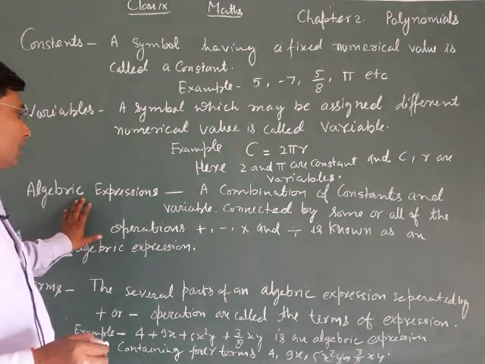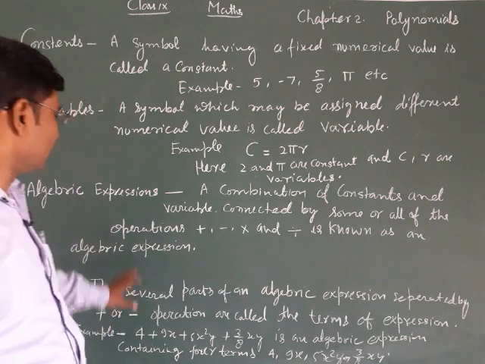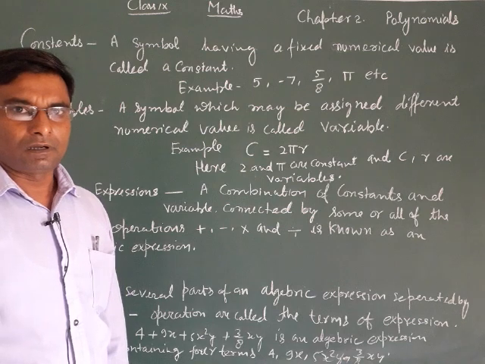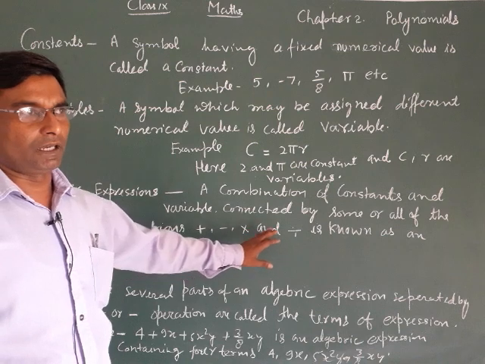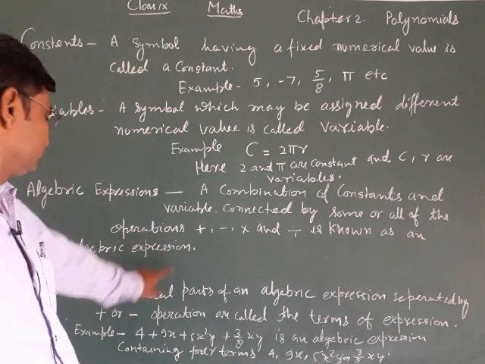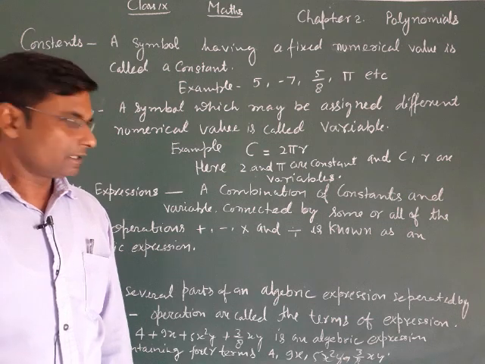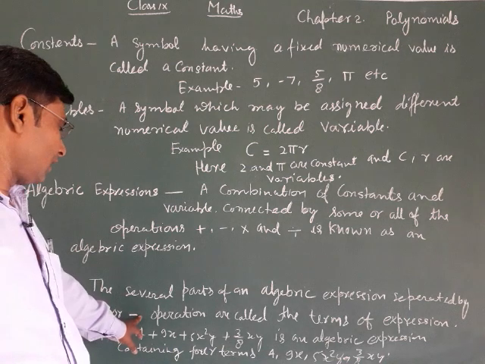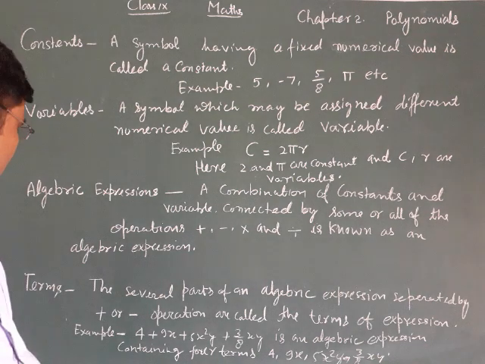Another, algebraic expression: a combination of constants and variables connected by some or all of the operations plus, minus, multiplication and division is known as an algebraic expression. Terms: the several parts of an algebraic expression separated by plus or minus operations are called the terms of the expression.